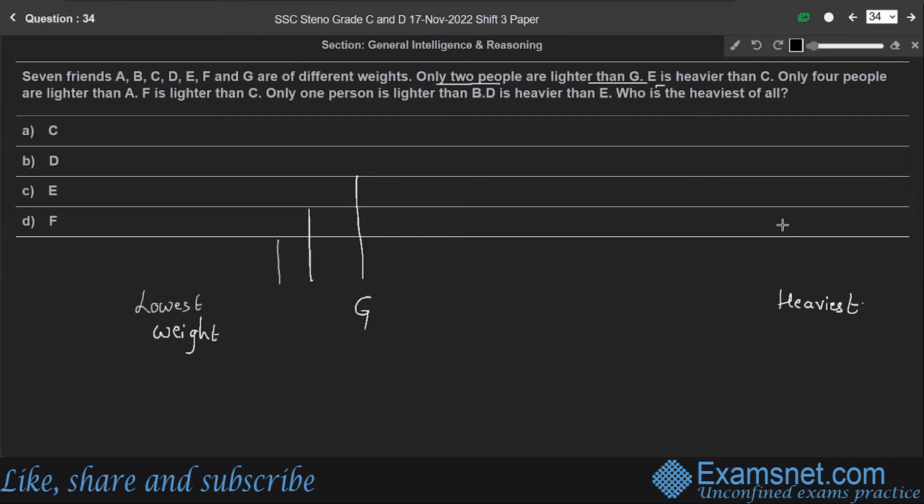Next one, E is heavier than C. Where exactly is C now? For that, we'll consider the next one. Only 4 people are lighter than A, so A is the fifth person. It is given that there are 7 friends, therefore after A, there are 2 people, right?